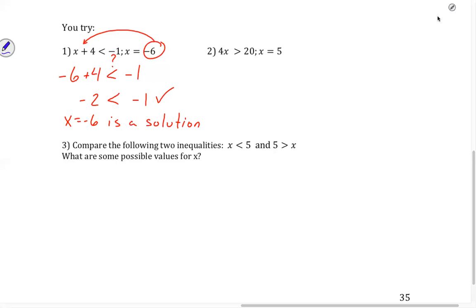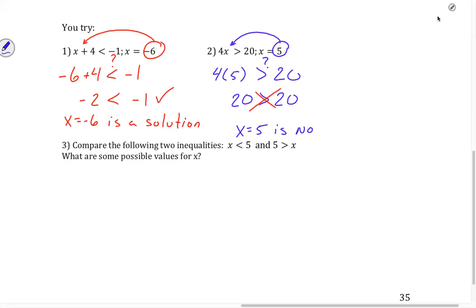It's not a solution. Let's look at that. Plug that in. We have 4 times 5. And I'm asking, is that greater than 20? And the answer is no. No, it's not. 20 is not greater than 20. X equals 5 is not a solution.